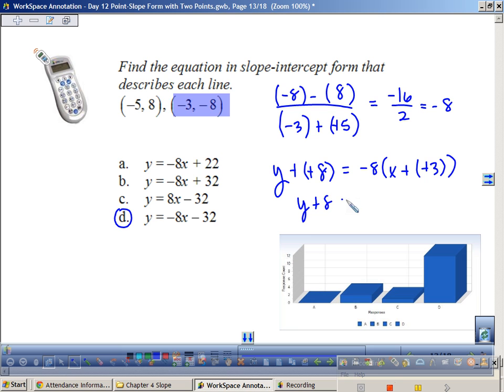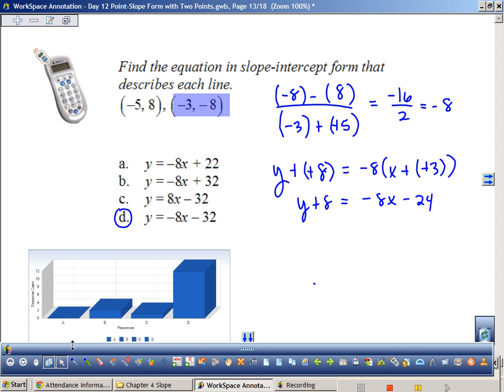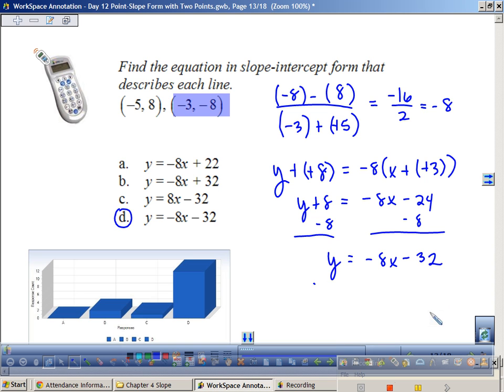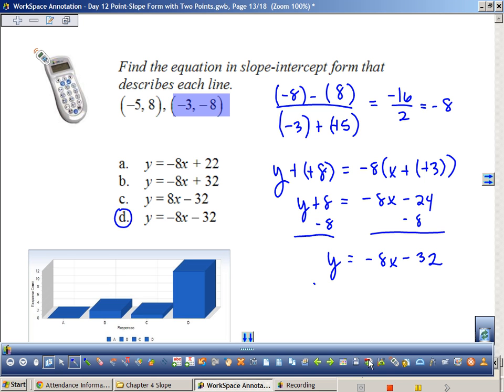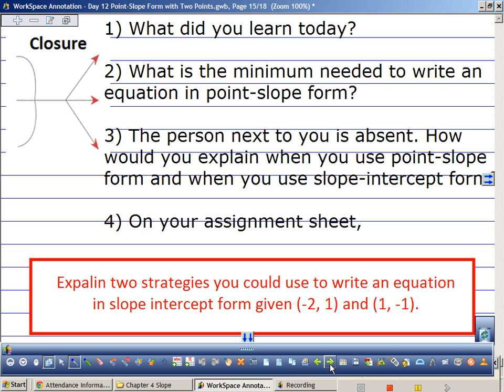Y plus 8 equals -8x minus 24. Subtract 8 from both sides, and you get y equals -8x minus 32. Questions? Did you find what you did wrong? Good. That's what's important. All right, let's scroll to this.